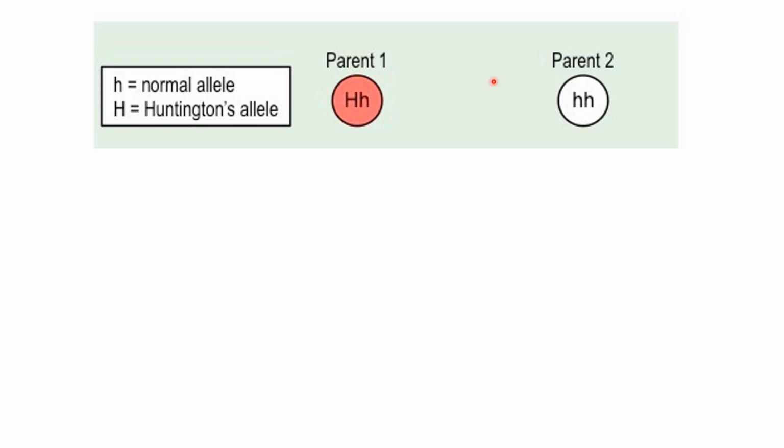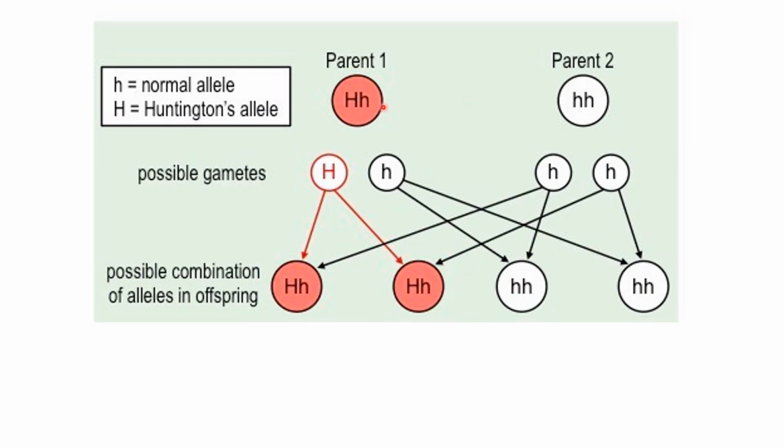If these two parents were to have offspring, parent 1 can only pass on the capital H or the lowercase h. If they pass on the capital H, they are passing on Huntington's disease alleles to their offspring, and parent 2 only has one type of allele to pass on, so no matter what, all of their gametes are going to have lowercase h, and they're going to pass that on.